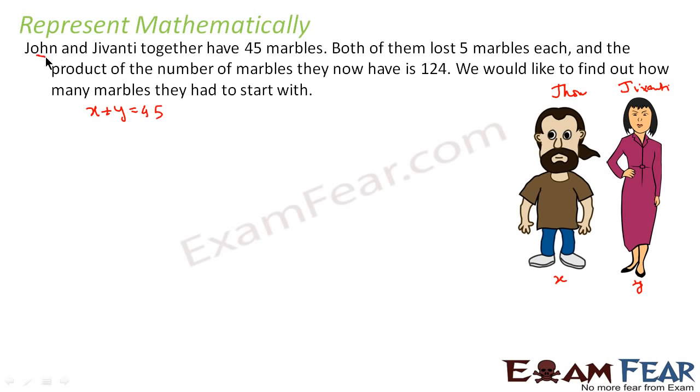So I can say that Y is equal to 45 minus X. Instead of writing Y, I'll write 45 minus X, because it will be only one variable. It's easy to have equations in one variable, because if you have more variables, you have to solve more. So if John has X marbles, Jivanti has 45 minus X marbles. That is the starting.